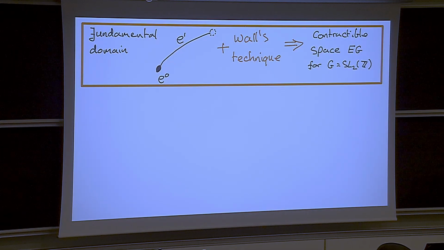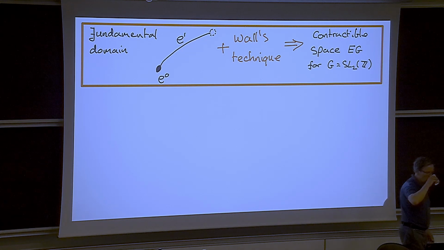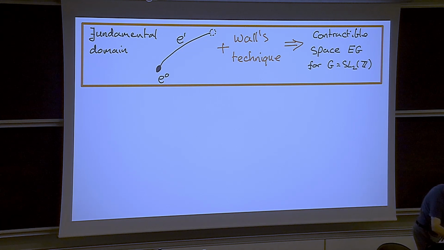for this group G. Now, one of the things I've been trying to get across is that contractible spaces or free resolutions are grand. If you want to do something with them, really you need some way of writing down a contracting homotopy.